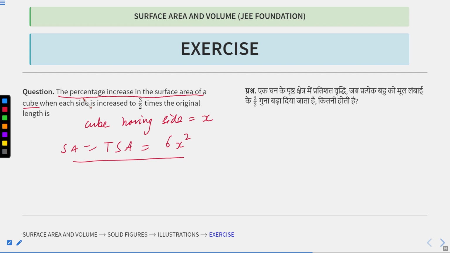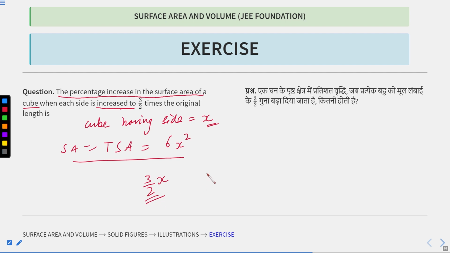Now we need to find the percentage increase in the surface area if every side is increased to 3 by 2. That means our previous side was x, now the new side is 3 by 2 x. I hope this is also clear.